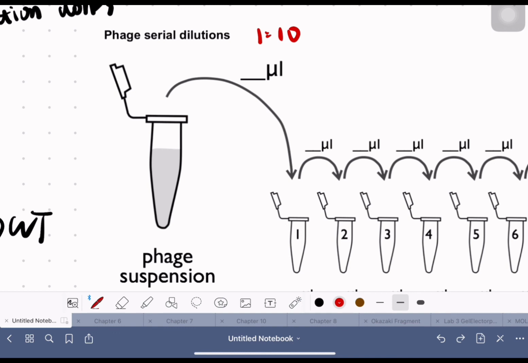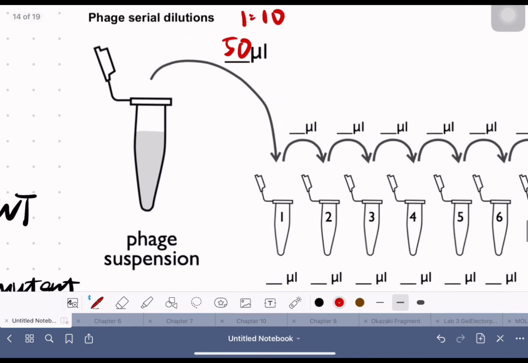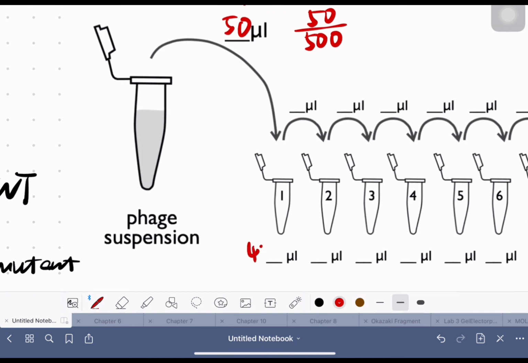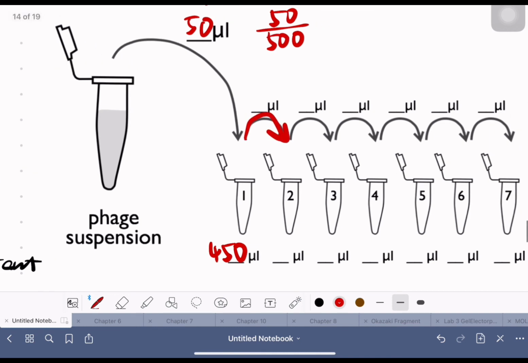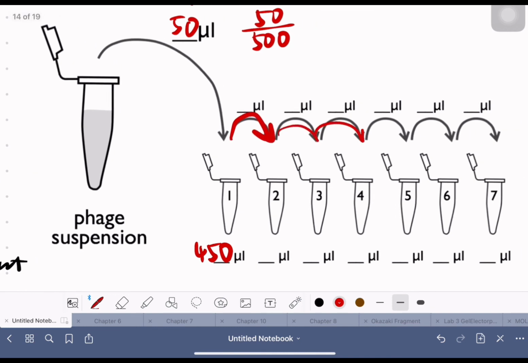If you pipette 50 microliters of this and dilute it tenfold, you should have 500 microliters of phage plus TSB in your new tube, right? That means you should already have 450 microliters of TSB in your new tube. Then you'll take this diluted phage and dilute it by tenfold again, and you'll be doing it 7 times. I'll let you fill these out by yourself.